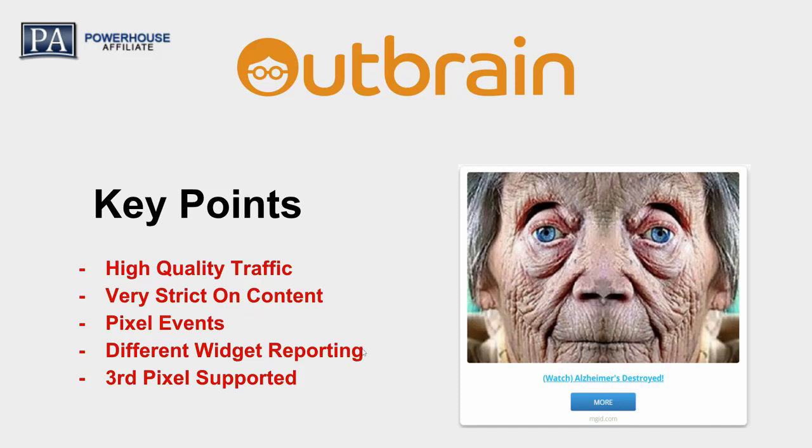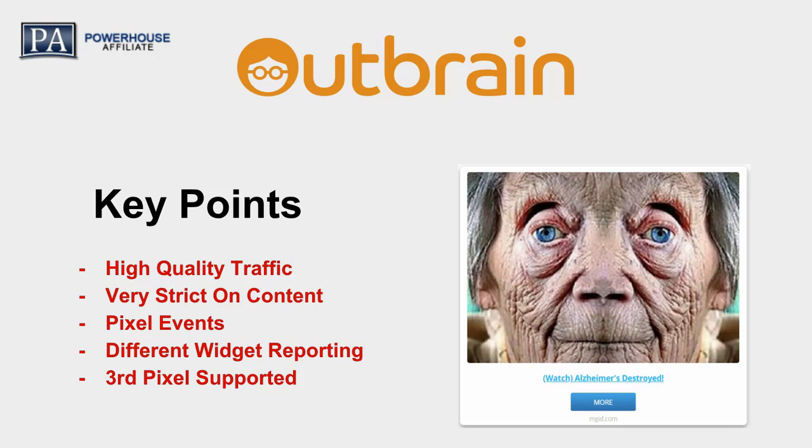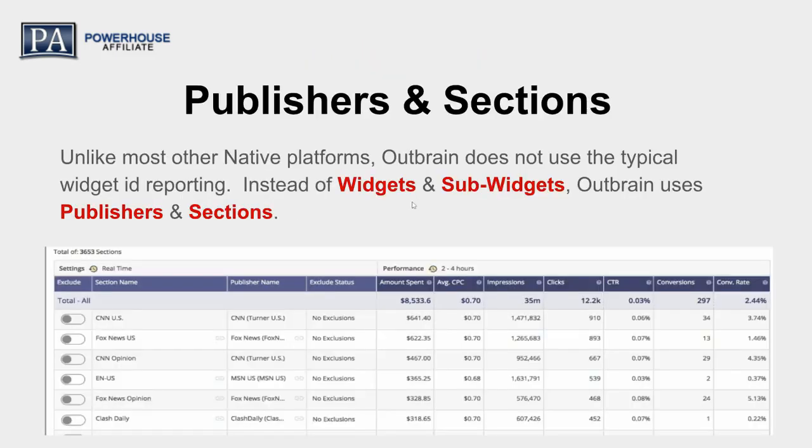Different widget reporting. I'm going to get into this a little more as we go, but I'll give you a brief overview. Most of the time, widgets on Rev Content or other networks are identified by a number. One of the widgets generating traffic and conversions for you could be, let's say, widget ID 12345. Outbrain doesn't use numbers. Let me show you here: publishers and sections.